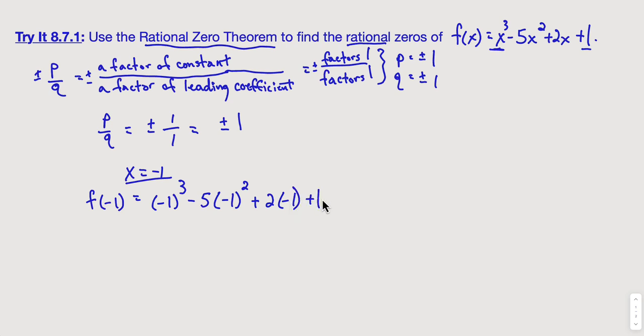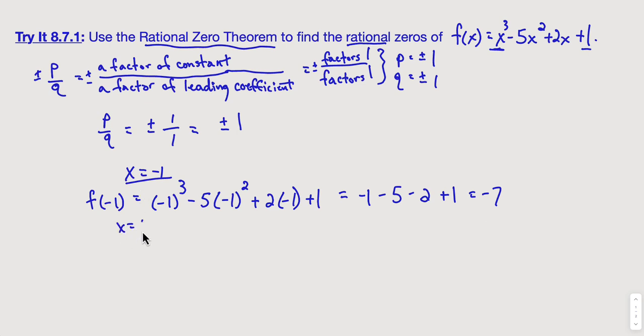That equals -1 cubed is -1, -1 squared is 1, 5 times 1 is 5, so this is going to be minus 5. 2 times -1 is -2, so this is going to be minus 2, and then that's plus 1. Well, that equals -7. So that's not one of the zeros of the function.